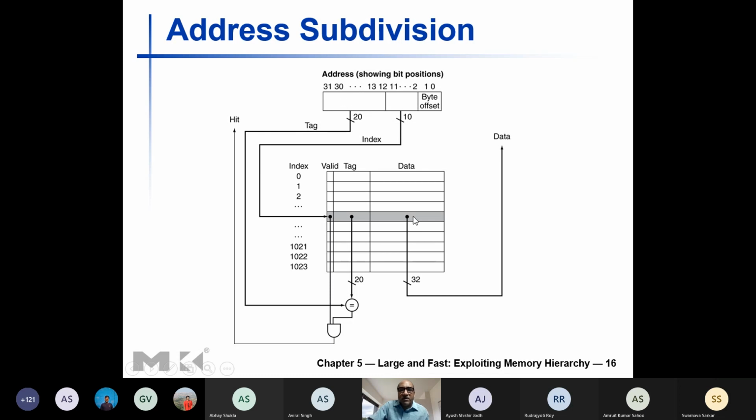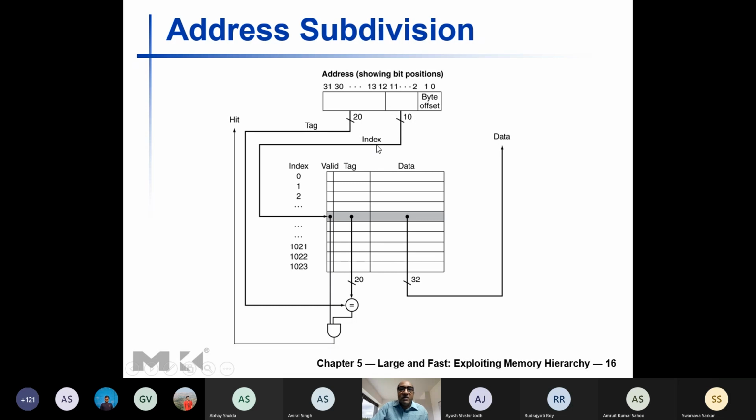For that purpose, these 20 bits are used to find out whether the word present in this cache location is the desired word. This higher-order 20 bits, known as the tag, also has to be maintained by the cache, because the index gives you the block number, but such blocks will be there in the address space.